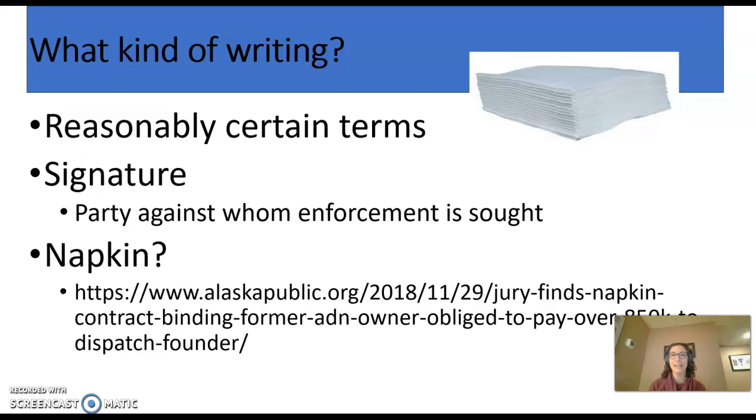The writing can be on a napkin. And if you don't believe me, I want you to link to this case here where a written note on a napkin was found to be an enforceable binding contract in a case in Alaska. This is a pretty recent case. It's pretty neat that there was still a napkin case.